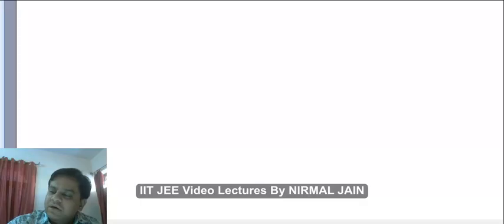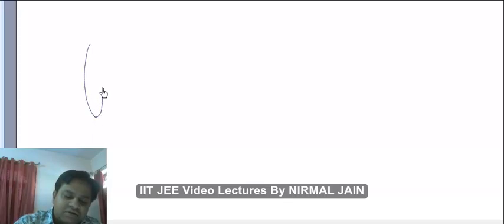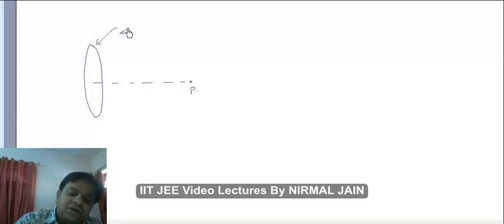Let's say if I'm given a disk like this, and if I have to calculate the potential due to the disk at this point, the disk is given a charge density sigma coulomb per meter square.